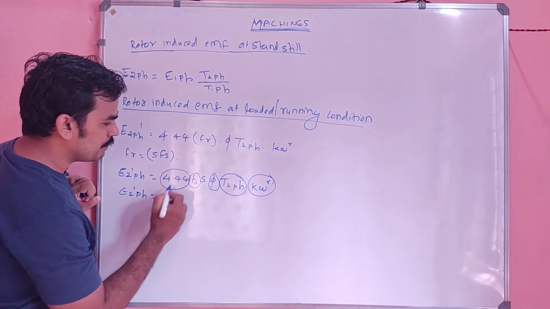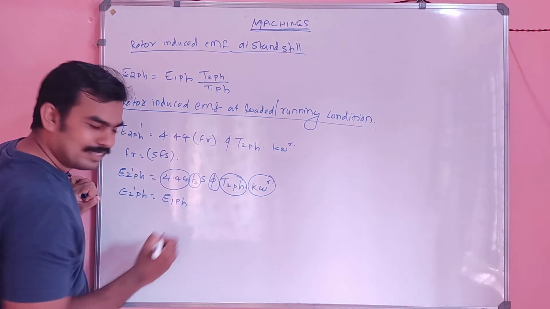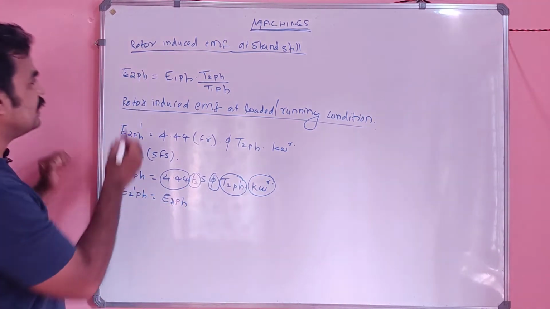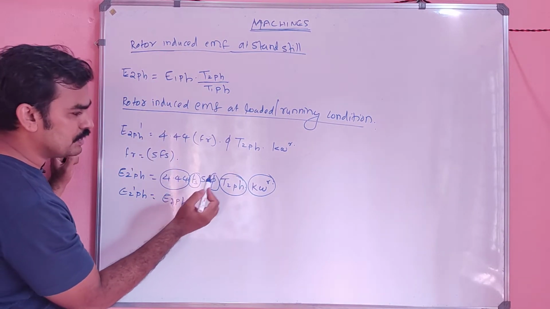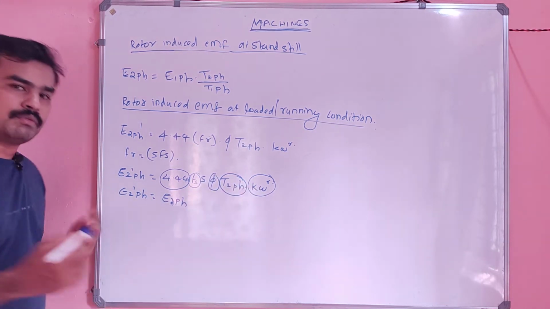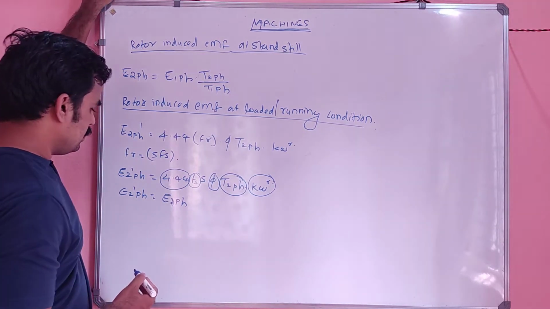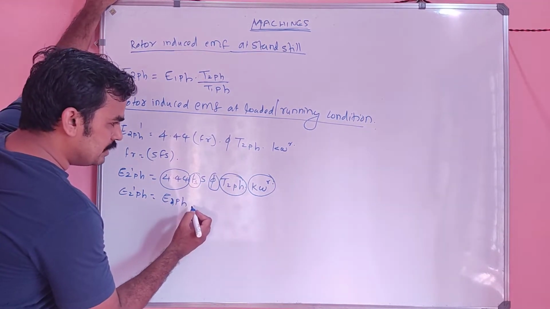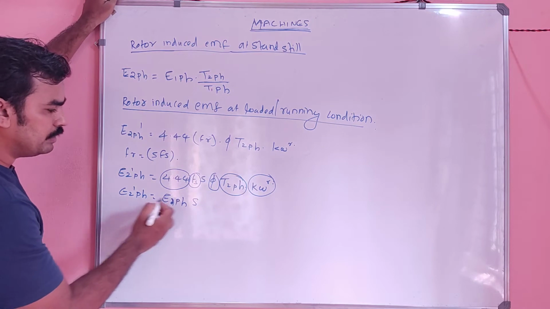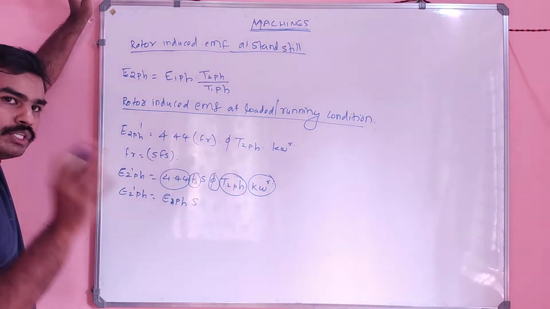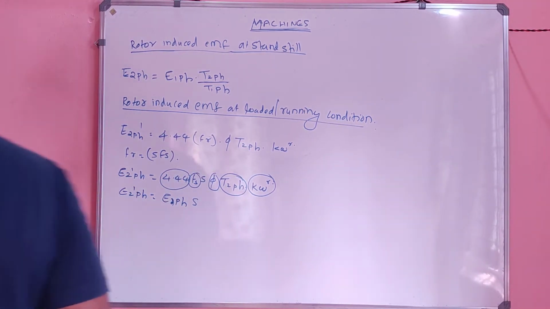So 4.44 into Fs into phi into T2 phase is nothing but E2 phase, into the difference term S. So E2 dash phase will be equal to E2 phase into S. That is the only relation we can develop from here.